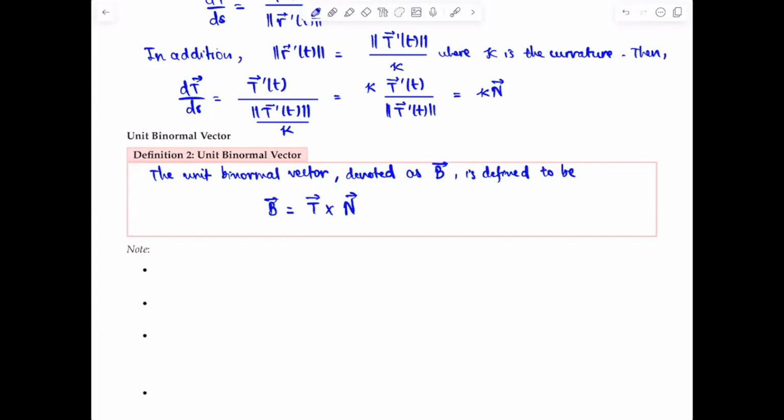Because of this relationship, we have a few notes here. B depends on the cross product between T and N, so B is going to be orthogonal to both T and N.